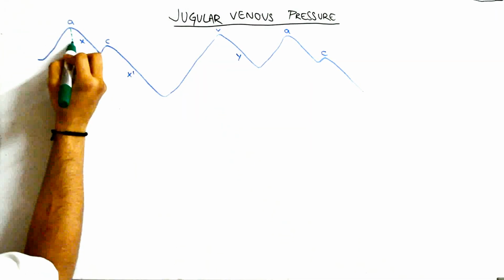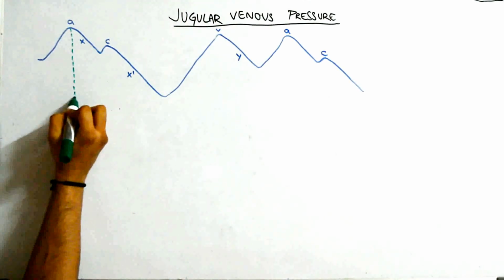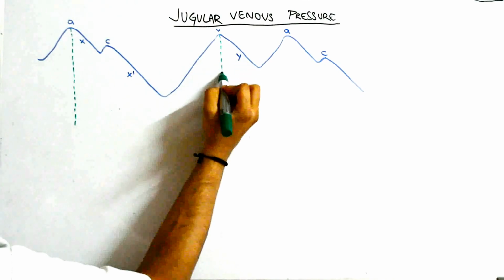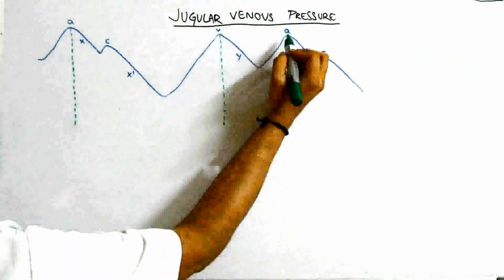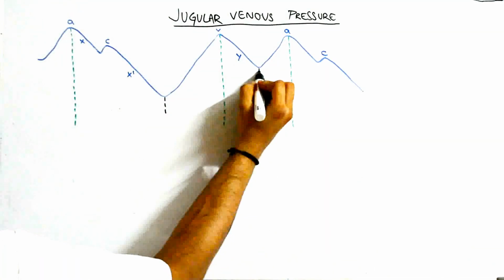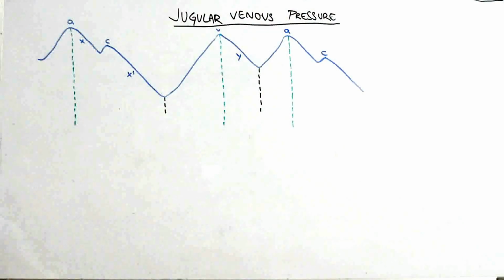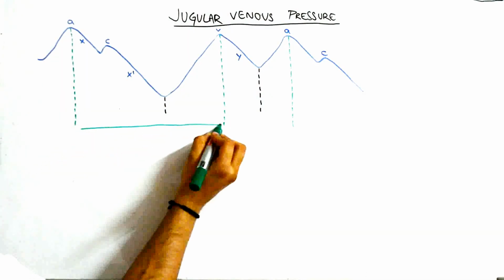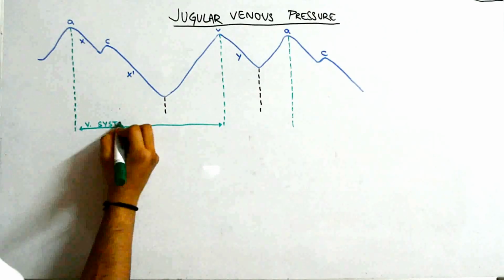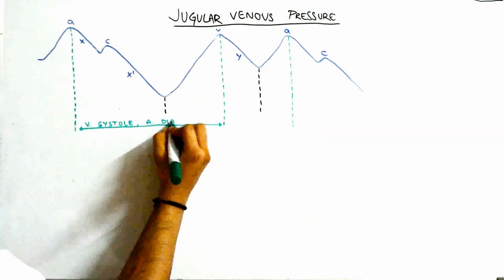So we will be dividing this JVP waveform into two different phases, which correspond to the different phases in the cardiac cycle, that is the ventricular systole and diastole and atrial systole and diastole. So the phase that lasts from the beginning of the A wave to the beginning of the V wave, this corresponds to the ventricular systole and atrial diastole.